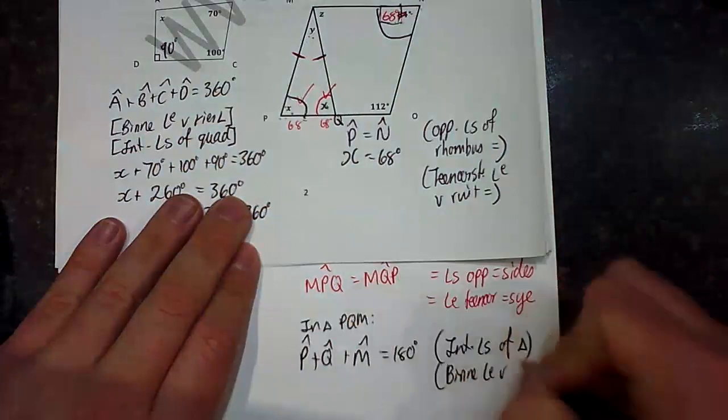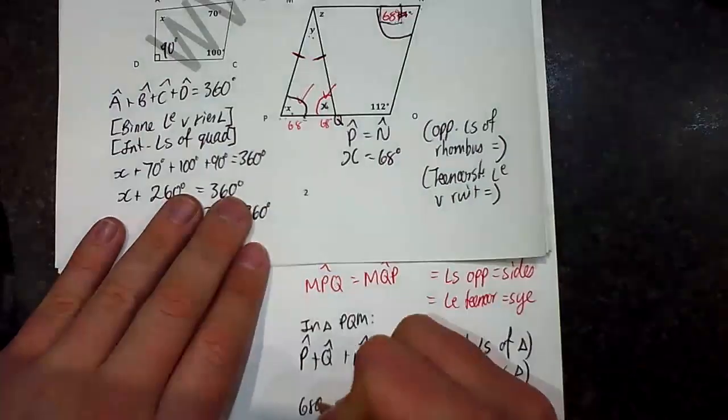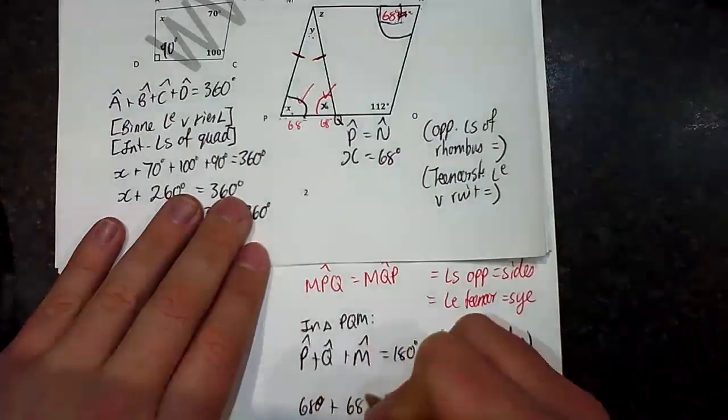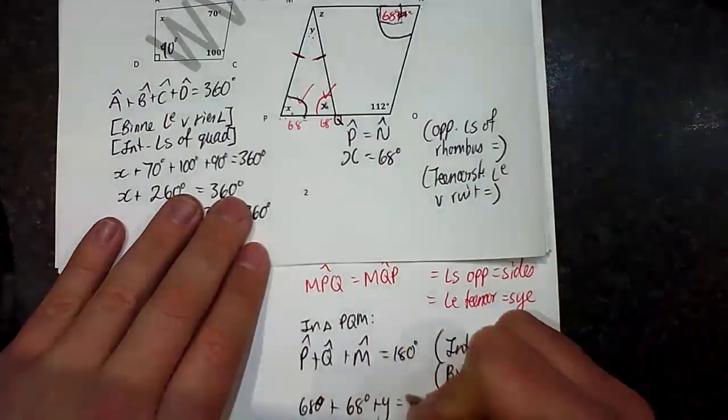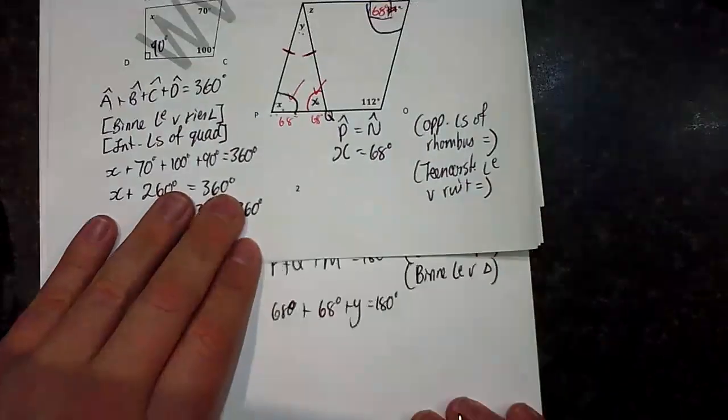So we have 68 degrees plus another 68 degrees plus y equals 180 degrees. Okay?